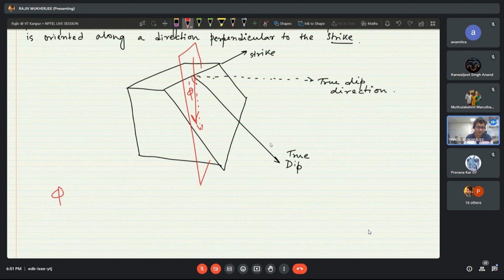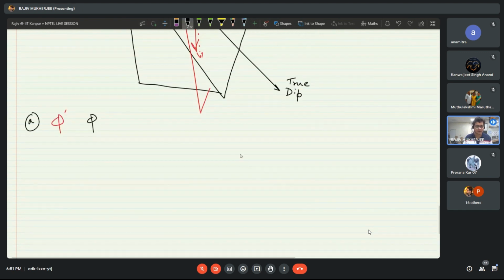So what is the relation between phi dash and phi? I am giving several options. A is that phi dash equals phi. B, phi dash not equal to phi.